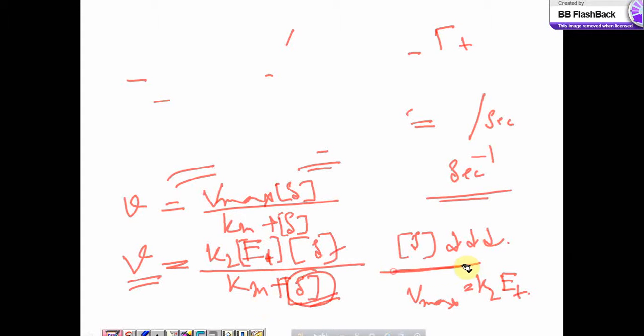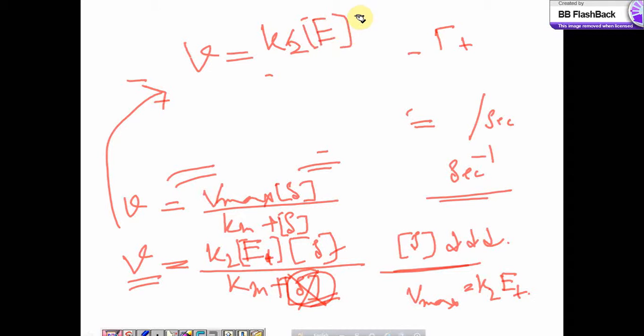If the substrate concentration is very low, you can ignore this portion, and write the equation as K2 into the enzyme concentration into the substrate concentration by Km.